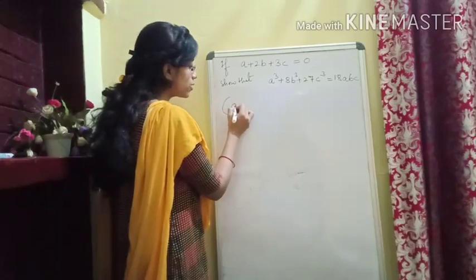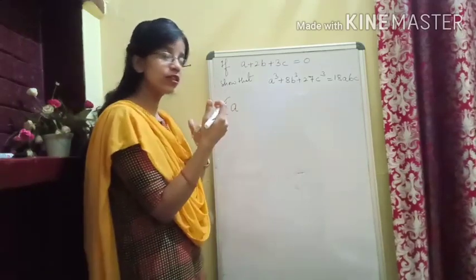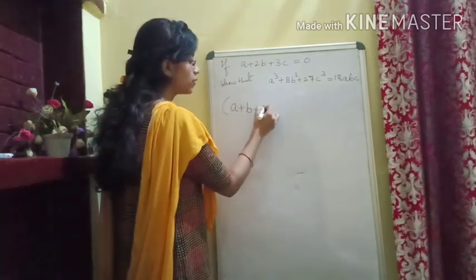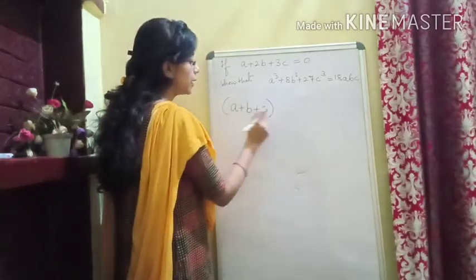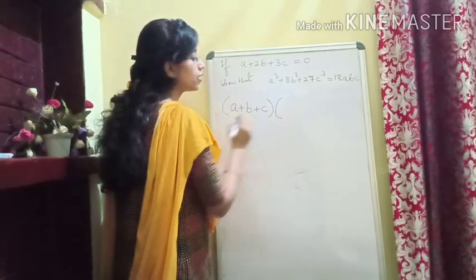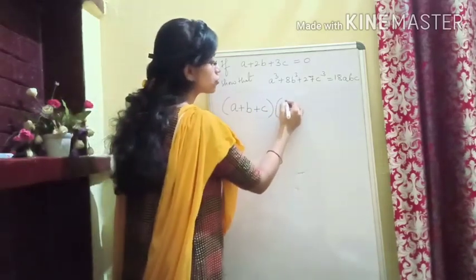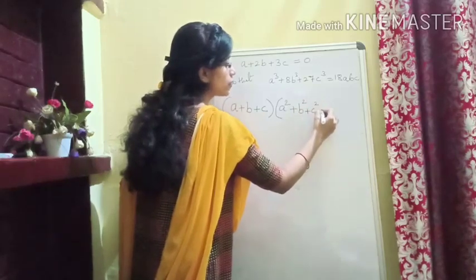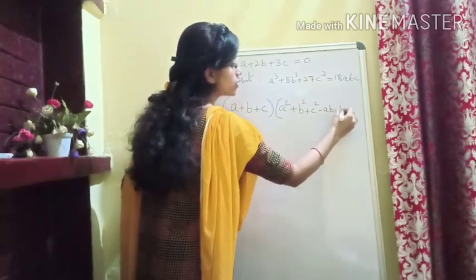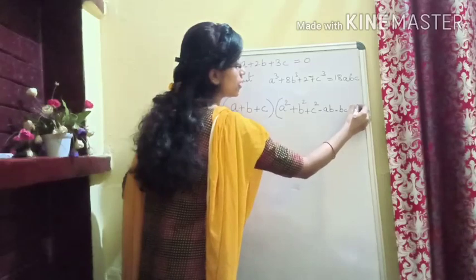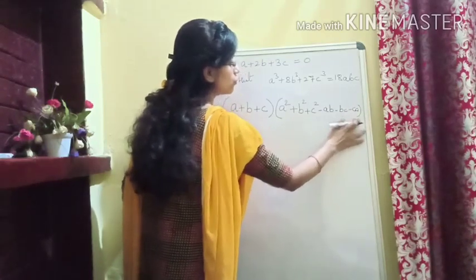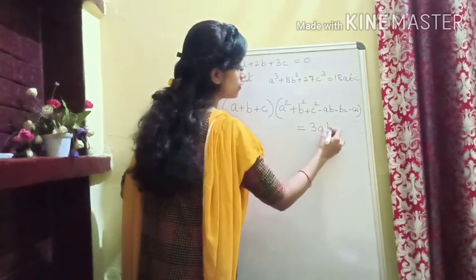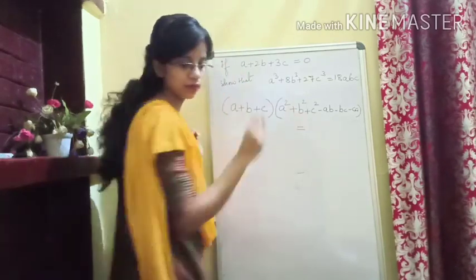It was the identity related to 3 terms or a trinomial, a plus b plus c, and in the other bracket we had a square plus b square plus c square minus ab minus bc minus ca.